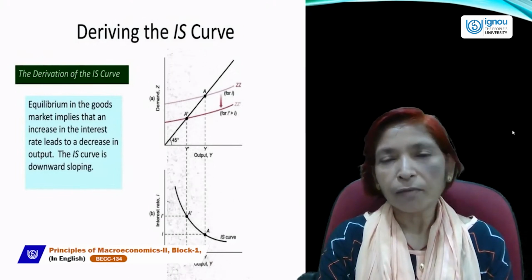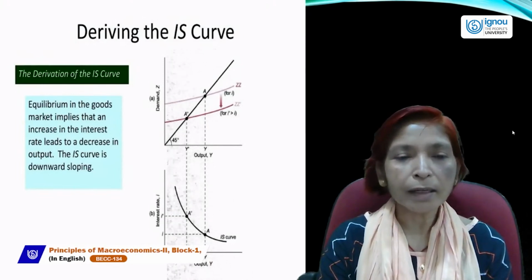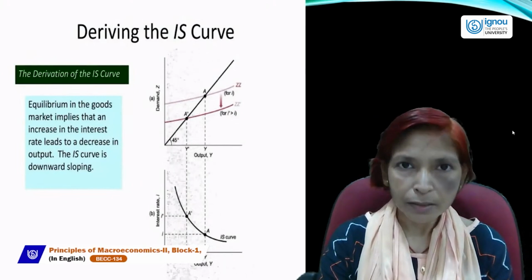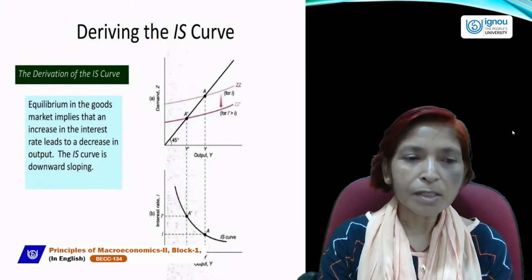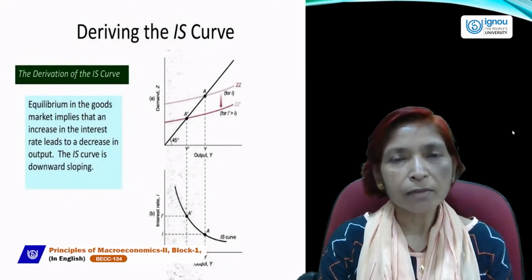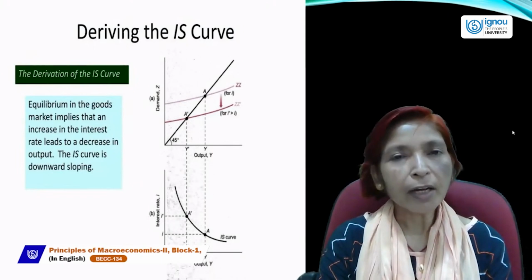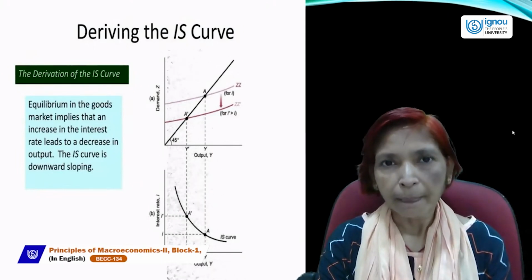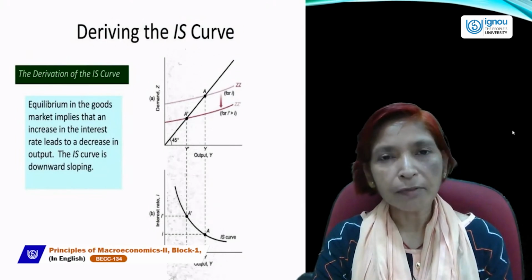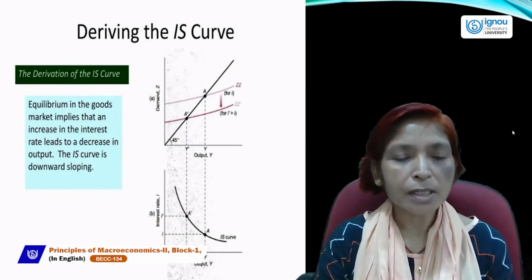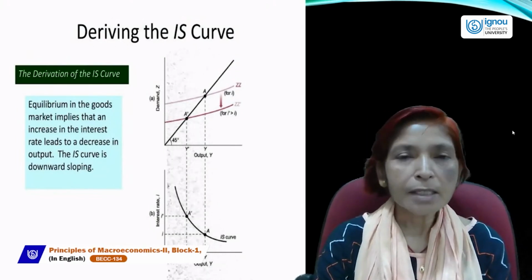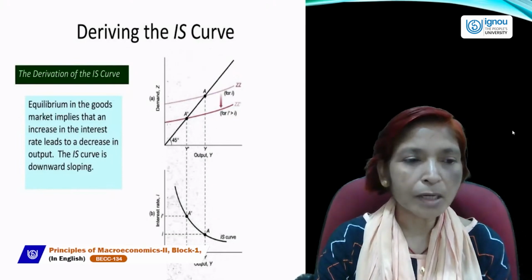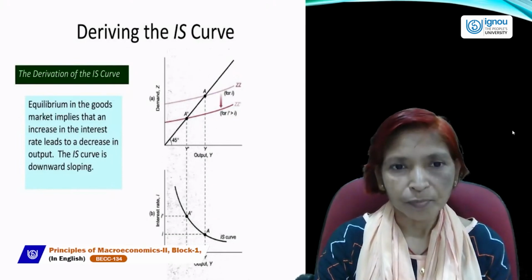As we know, investment is always inversely related to the rate of interest. When the rate of interest increases, investment falls. And when the rate of interest falls, investment increases. The relationship between investment and rate of interest is always negative. That's why the investment curve is always a downward sloping curve.